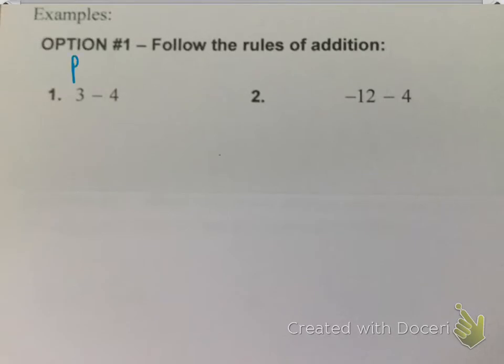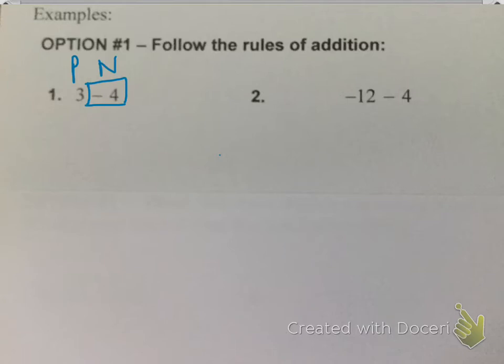And then the 4: when you see a problem like this, that's a minus 4, or subtract 4. We can also think of that as a negative 4. So you have a positive 3 and a negative 4.